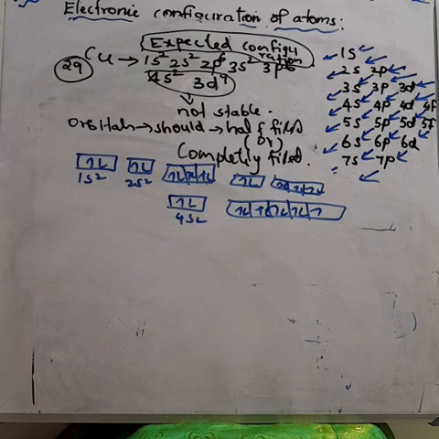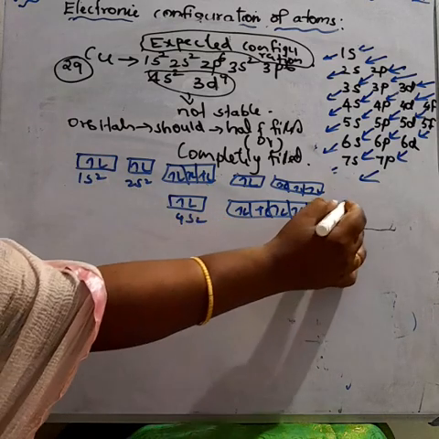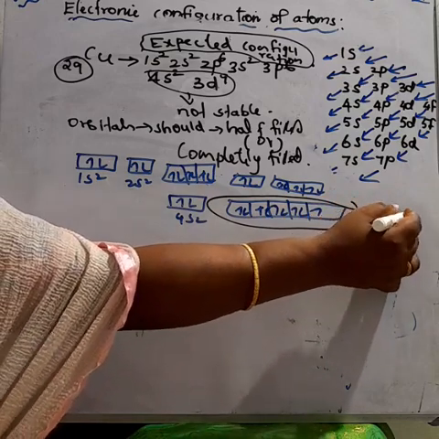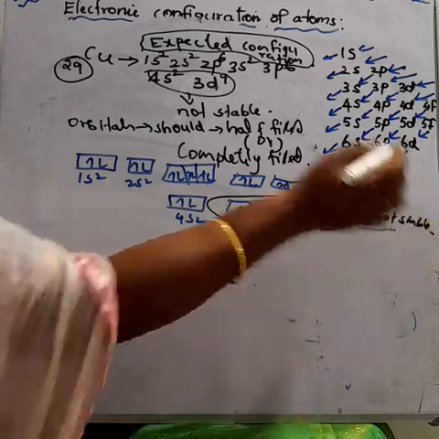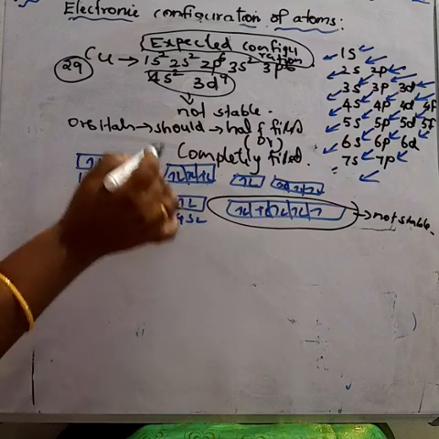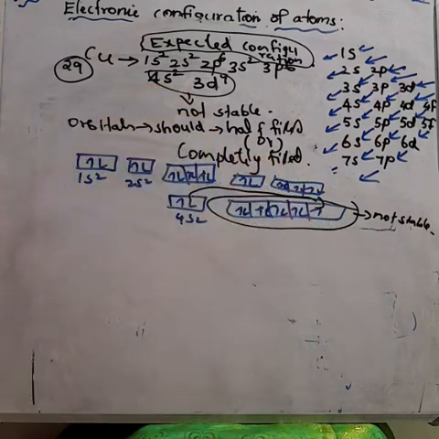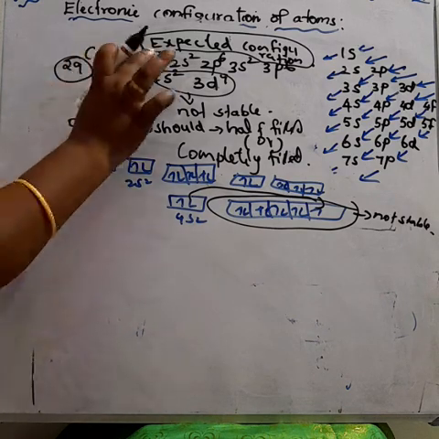Is it stable or not? This is not stable, because it is neither half-filled nor completely filled. So one electron from the s orbital is shifted to the d orbital, and then it will get the stable configuration. This is the expected configuration according to the aufbau principle.